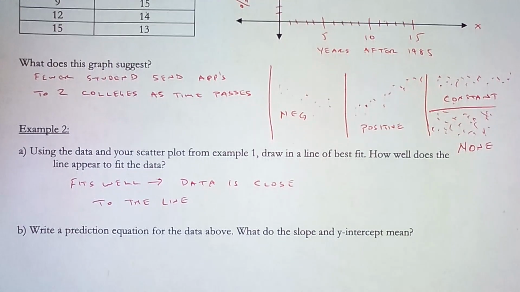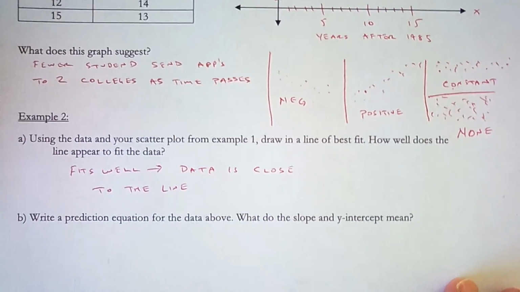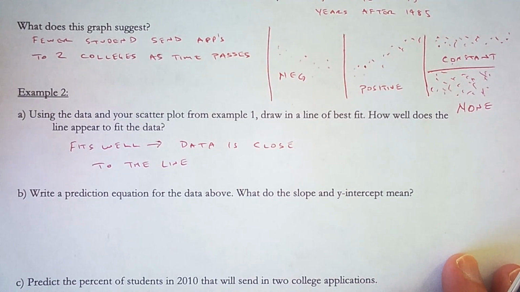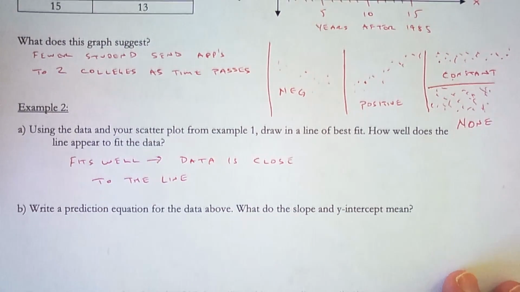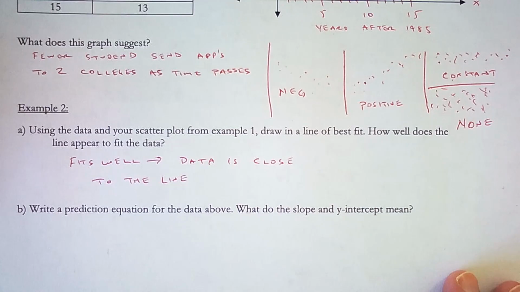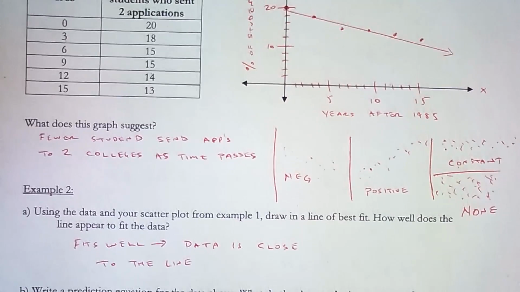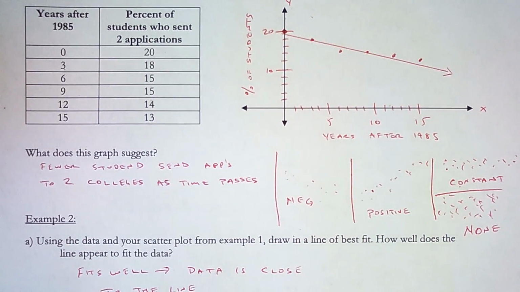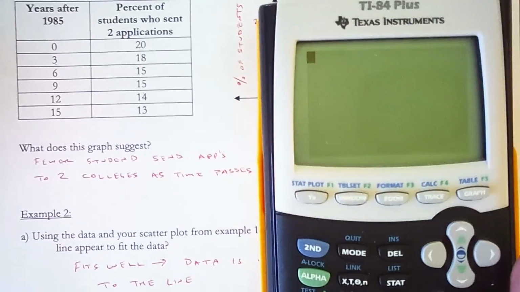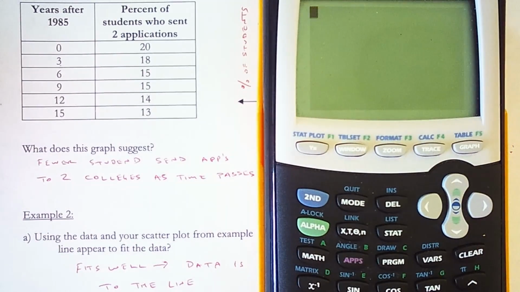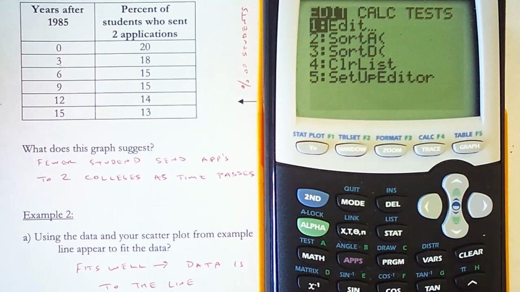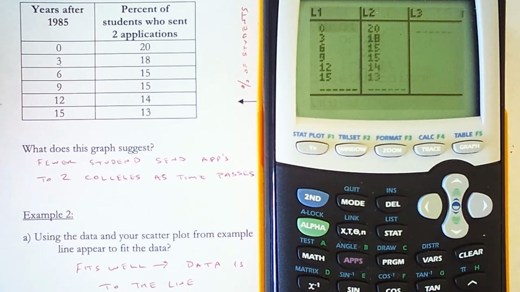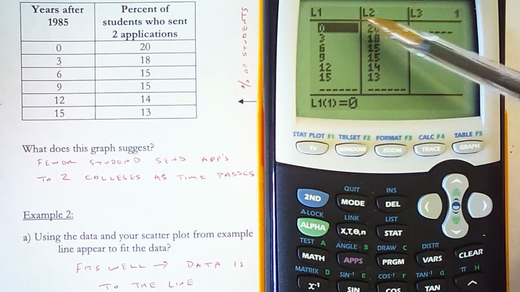We're going to write a prediction equation, also called a predictive equation, for the data and decide what the slope and the y-intercept mean. Now, here's how we're going to do this. We are going to use a graphing calculator. In this graphing calculator, I'm going to use the Stat button, and I'm going to edit, and I've got list 1 and list 2.